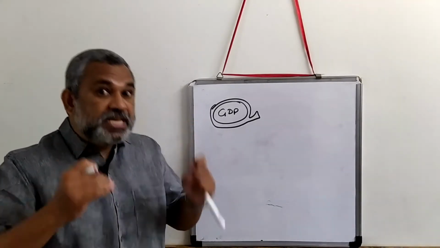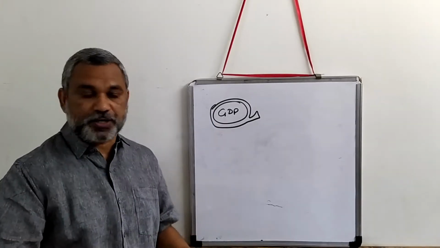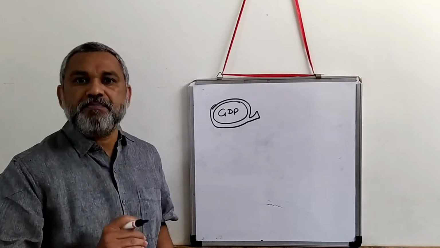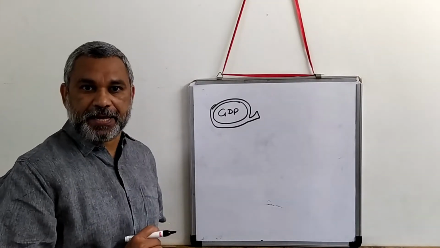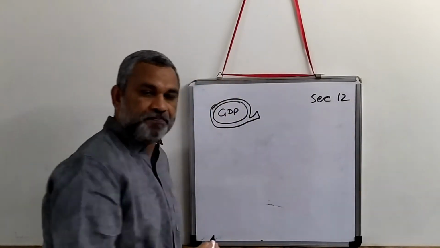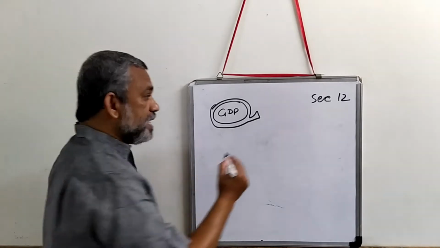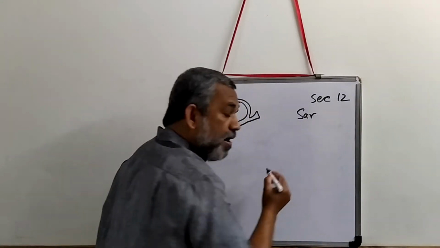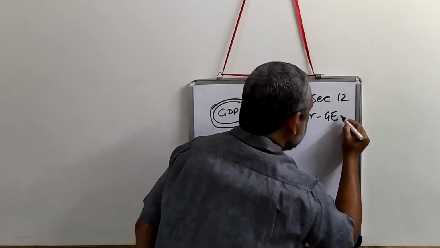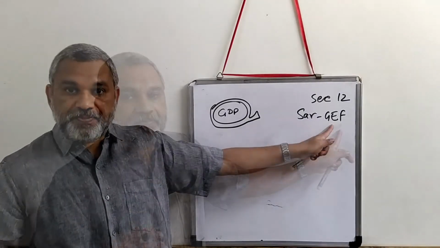If the initiation comes when a cargo has to be transported, what will happen is there is a membrane bound GTPase enzyme that is known as Sec12. Sec12 is nothing but SAR GEF.